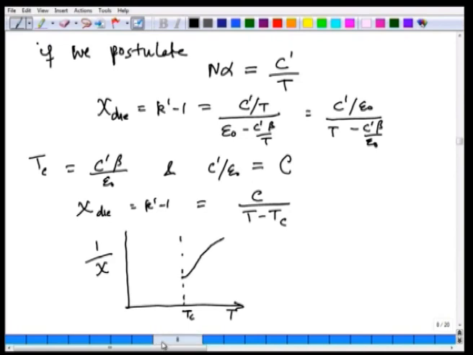Otherwise this would have continued to go down towards a value of 0, which means susceptibility would have gone to infinity. Because of the phase transformation we get a behavior something like this. It starts increasing again according to this expression, and this is what is called the Curie temperature.